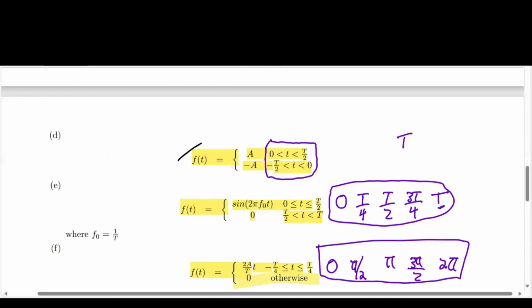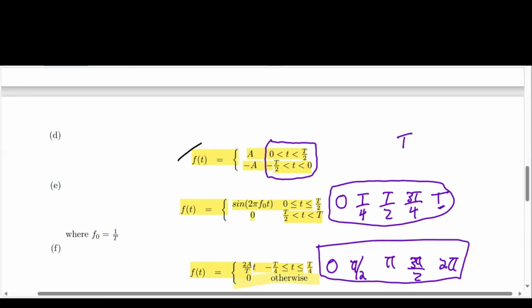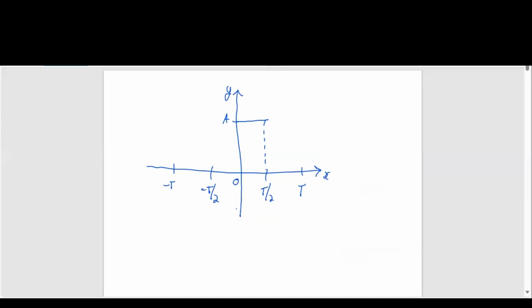They're telling me from 0 to T on 2, so more than 0 and less than T on 2 is A. So that is up here. And the other one says from minus T on 2 to 0 is minus A, which is here. And that is it. So there's the graph plotted.